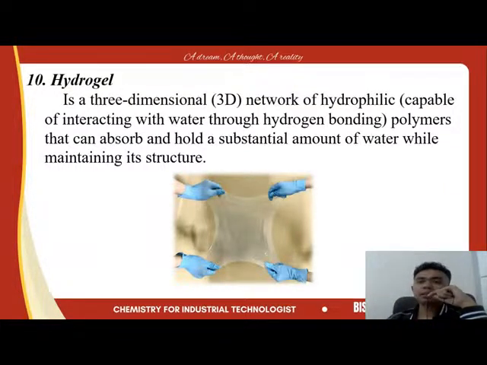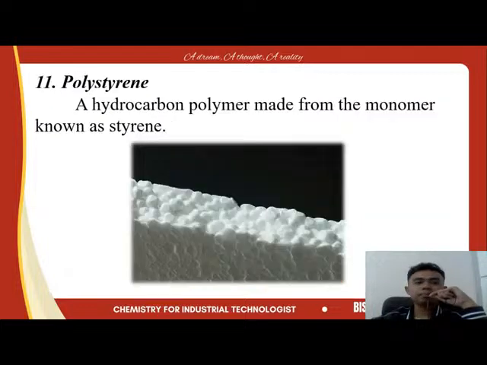Okay? Mura siya og kanang nasa image. Okay, it's capable of absorbing and can hold substantial amount of water. Okay, that's hydrogel.